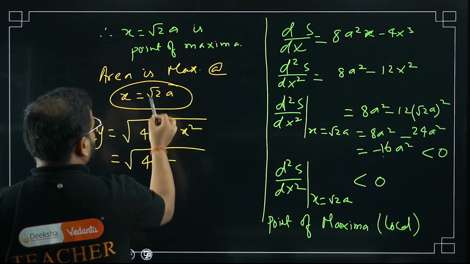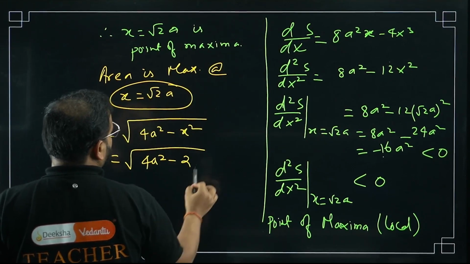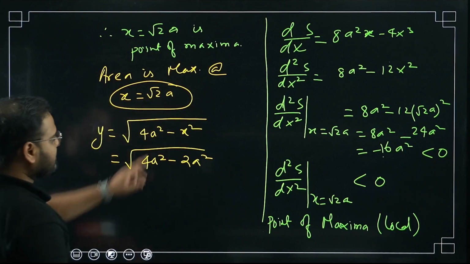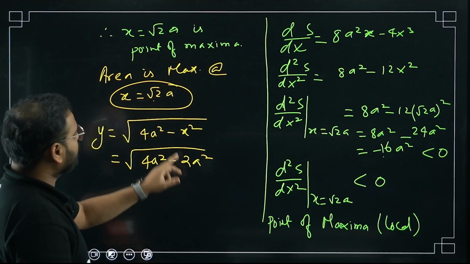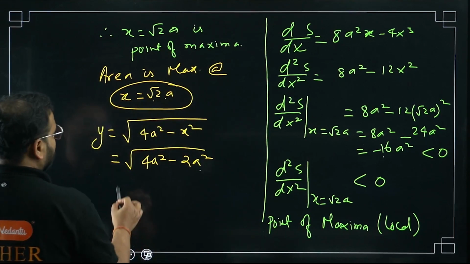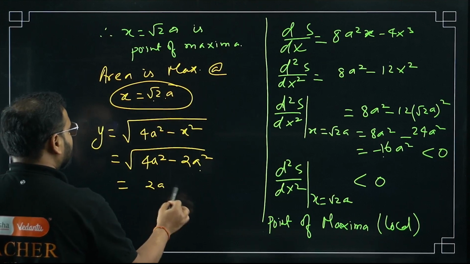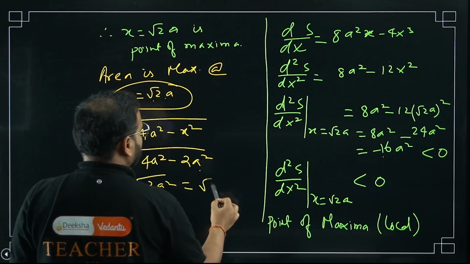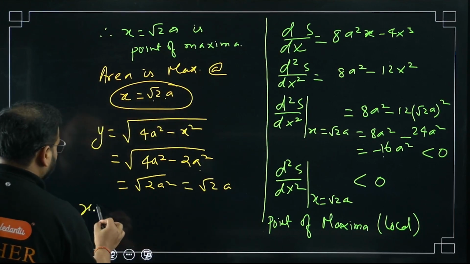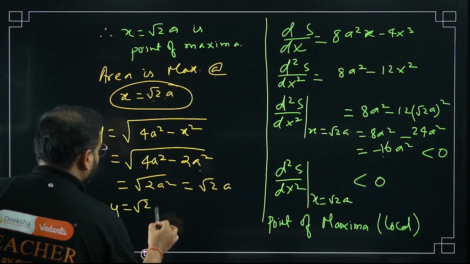So write this value here as it is. What is the x value? Square it up, so 2a², right? x is root 2a, so root 2 squared is 2, a² is simply a². What's the difference, sir? Again 2a² in the root. What's the answer, sir? Root 2a. What am I getting? x equals y equals root 2a.